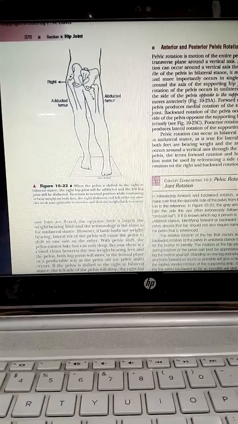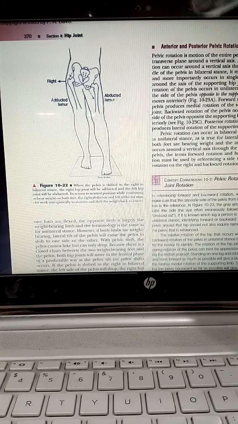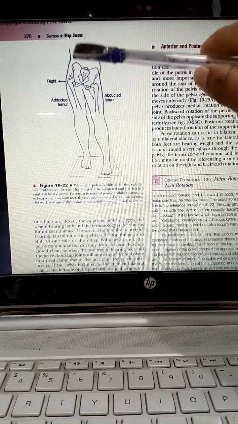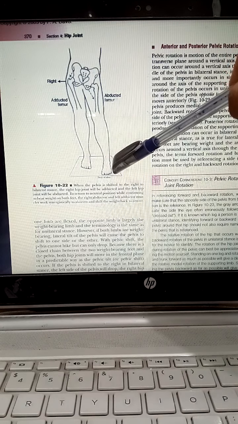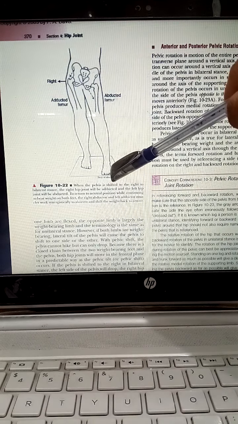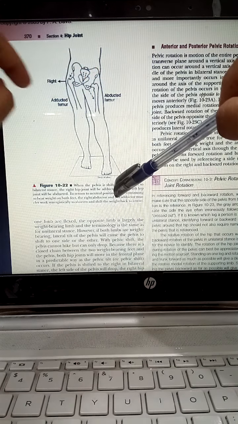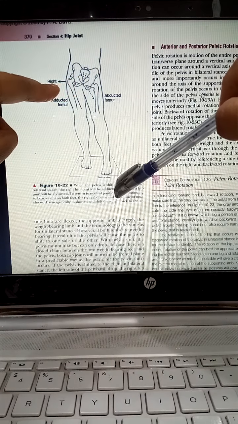As you see, this is the right side and this is the left side. In this diagram, the person has stepped his left limb forward. When he steps his left limb forward, the weight present in the entire pelvic region shifts towards the right side.